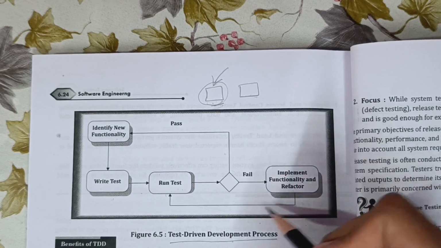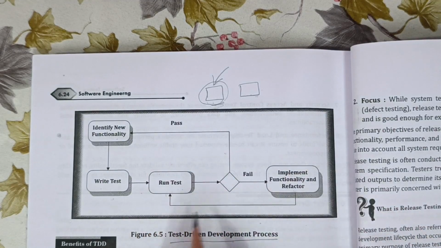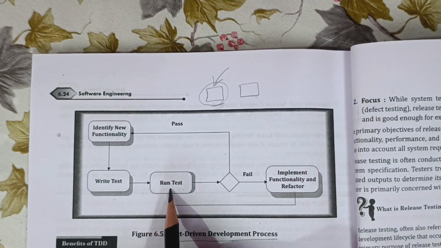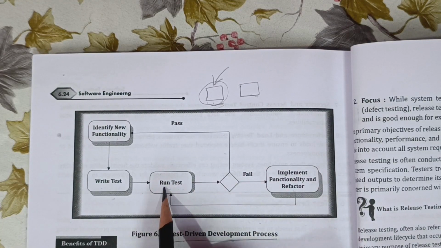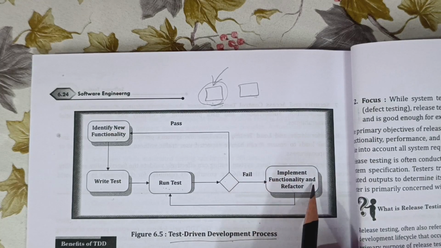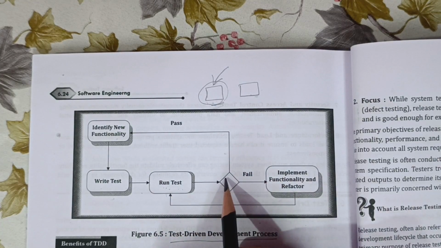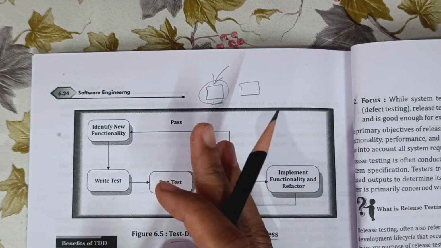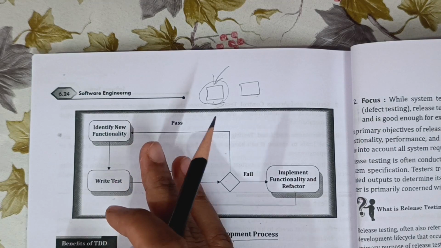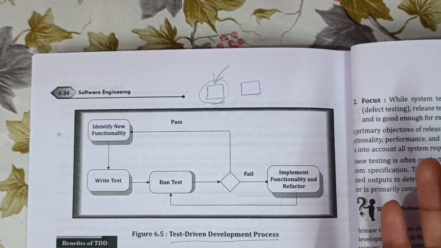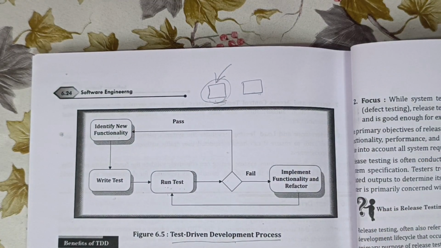So we implement the functionality, and then the process starts again from run test. If it fails again, we have to implement functionality. If it passes, that is, if it is done successfully, then we identify new functionality. So if the first module's testing is done successfully, only then can we move to the next functionalities. That is how it is.